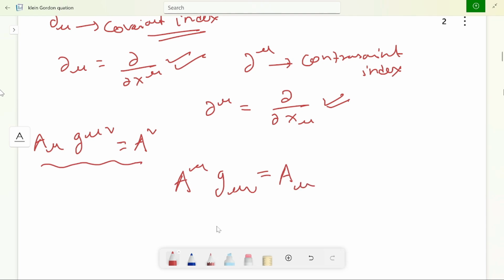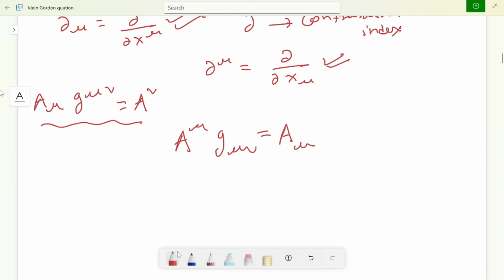So here we have lowered the indices using the metric tensor, and here we have raised the indices with the metric tensor. The metric tensor is usually used in curved spacetime, but for flat spacetime such as Minkowski spacetime, we usually use a different notation known as eta, and the properties are pretty similar to the metric tensor.